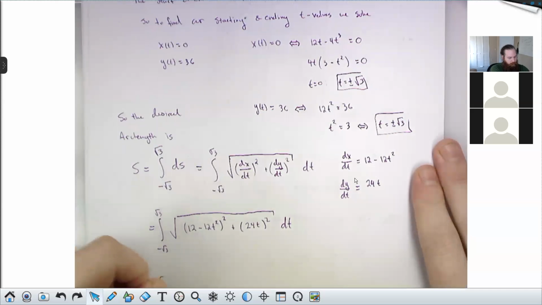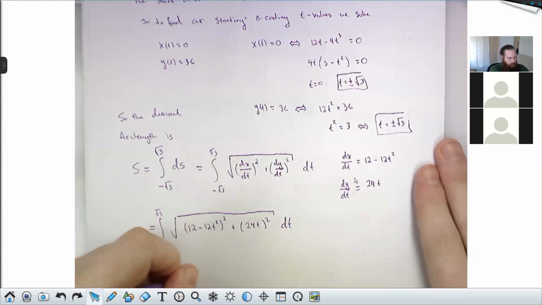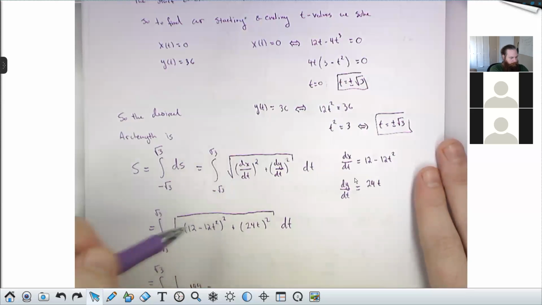So I'll have the integral from negative root 3 to positive root 3 of the square root of... when I FOIL this out, 12 squared is 144, minus 2 copies of 12 times 12, which is, actually, no, it would be easier. No, we'll do it. So 12 times 12 is 144.